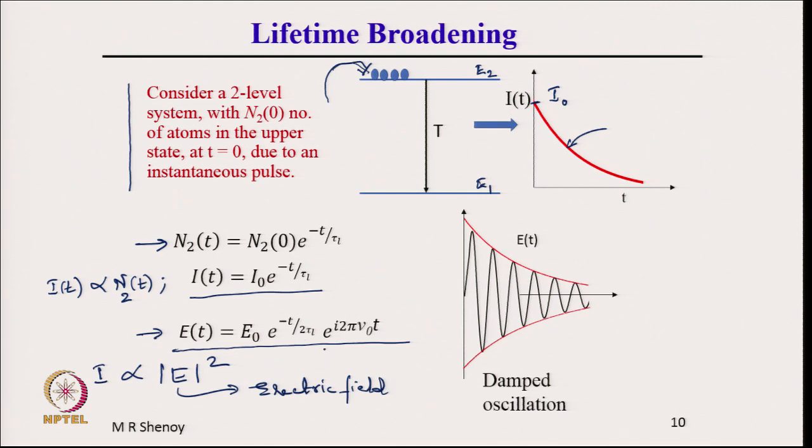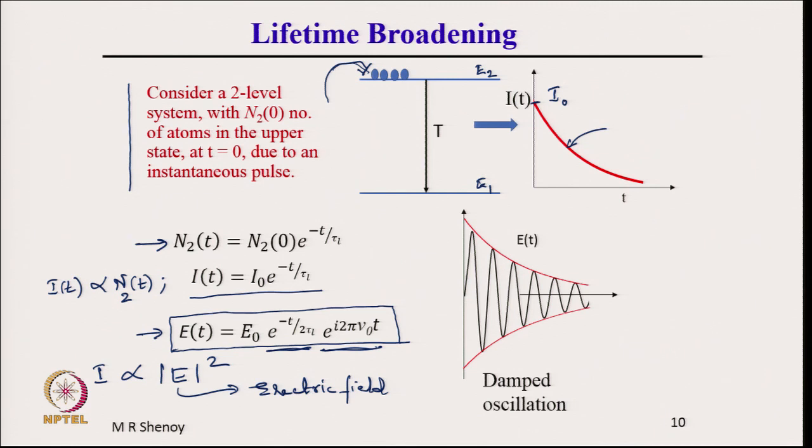Because if we take mod square, this term would go; this term is the phase term, because with time there is a phase e to the power of i omega t or i 2 pi nu 0 t, and this is the exponentially decaying envelope, because when you take mod square, this will become e to the power of minus t by tau L, and mod E0 square is I0. So, if we say mod E0 square is I0, then we can write E of t in this fashion, where E of t represents the electric field associated with the radiation coming out of the atomic system.